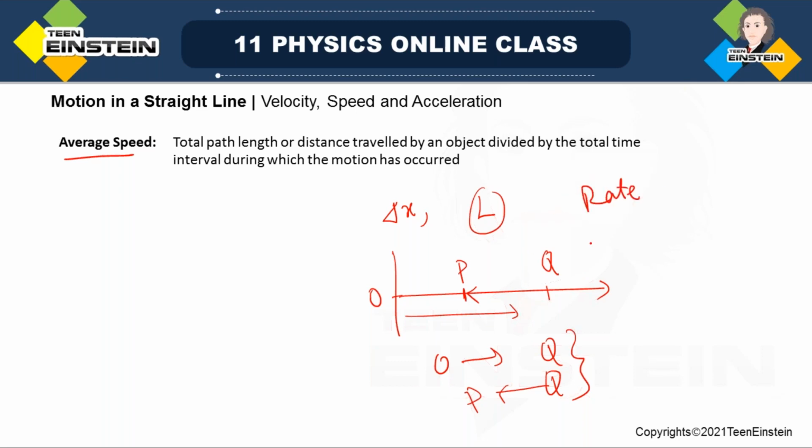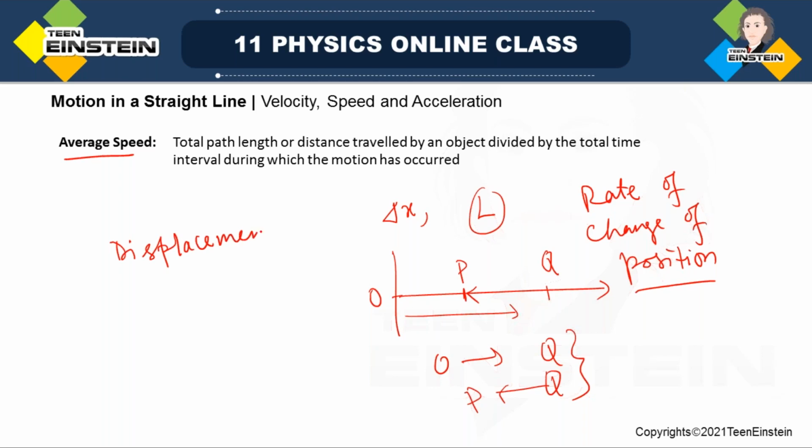But here also change in the position is happening. So we can get rate of change of position in this case also. But since it is changing its direction, displacement is not the same as distance, the path traveled.